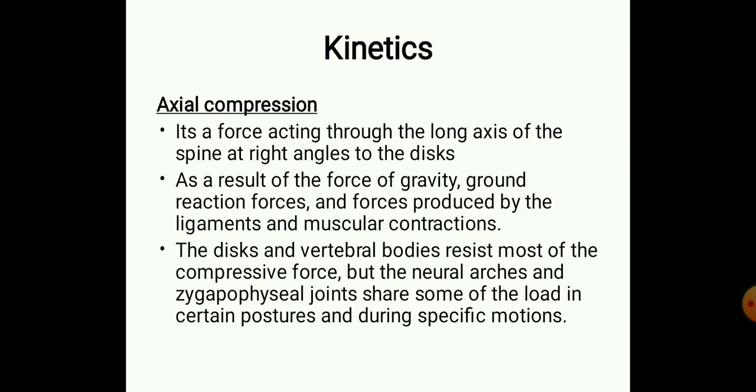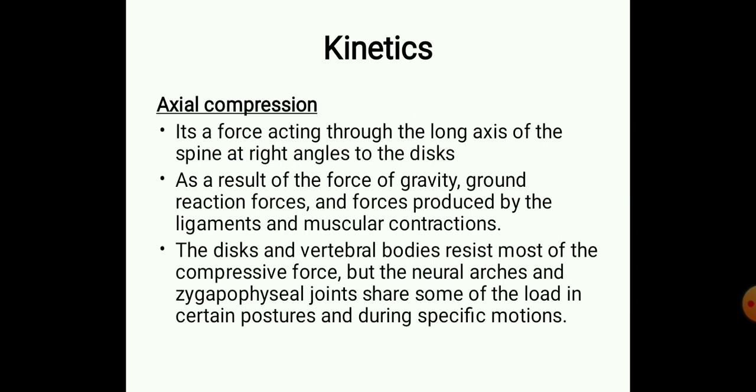Next, what are the kinetics, or what are the forces acting on the spinal column? The first one is axial compression. Axial compression is a force acting along the long axis of the spine, at right angles to the disc.